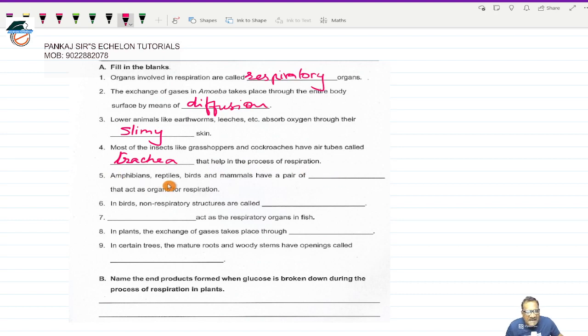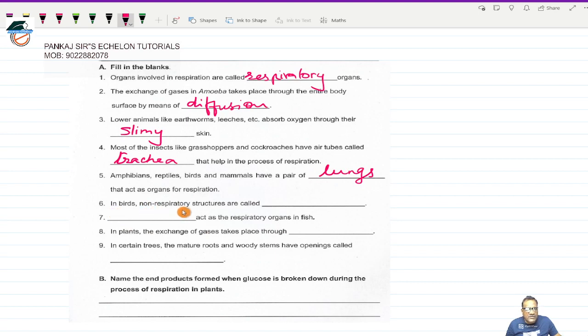Amphibians, reptiles, birds, and mammals have a pair of lungs that acts as an organ of respiration. These are higher classes of the animal kingdom.